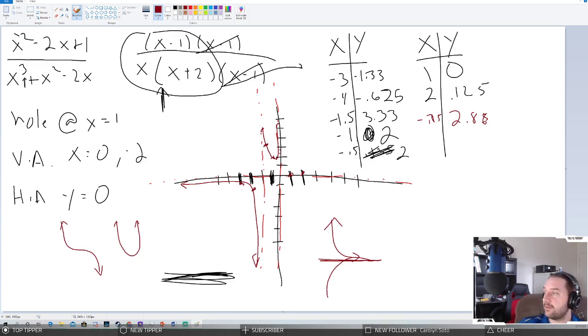So maybe if I plug in 0.5, that's going to give me -0.04. So that gives me this value down here. Now it tells me that my graph is going to do that. It's going to cross, but it's still going to approach the asymptote.